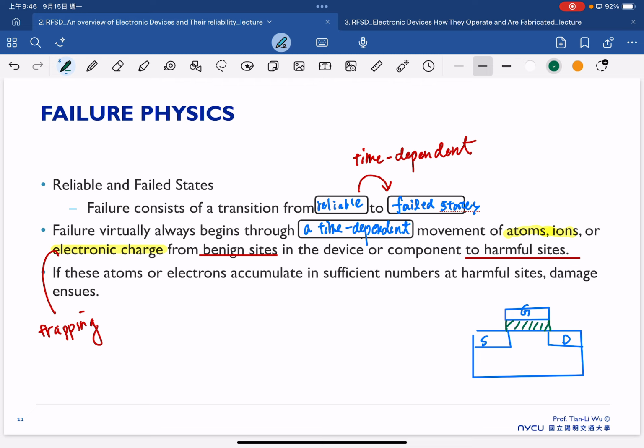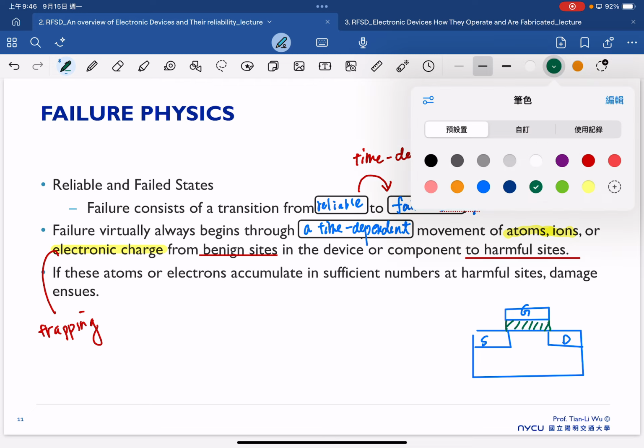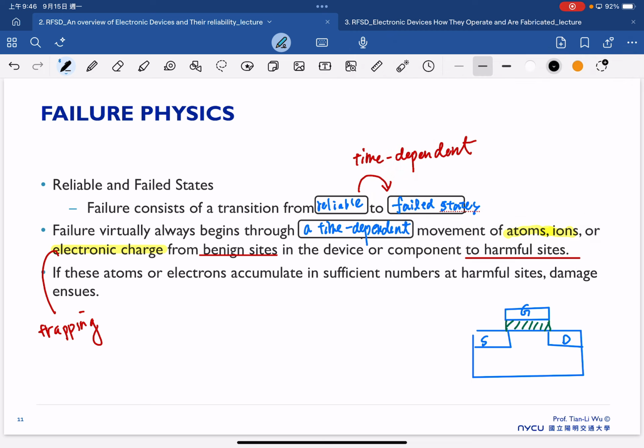And then we all know that if we apply a certain bias, once the bias is large enough, we might start to have inverted electrons in the channel. So that's a two-dimensional schematic from the device point of view.